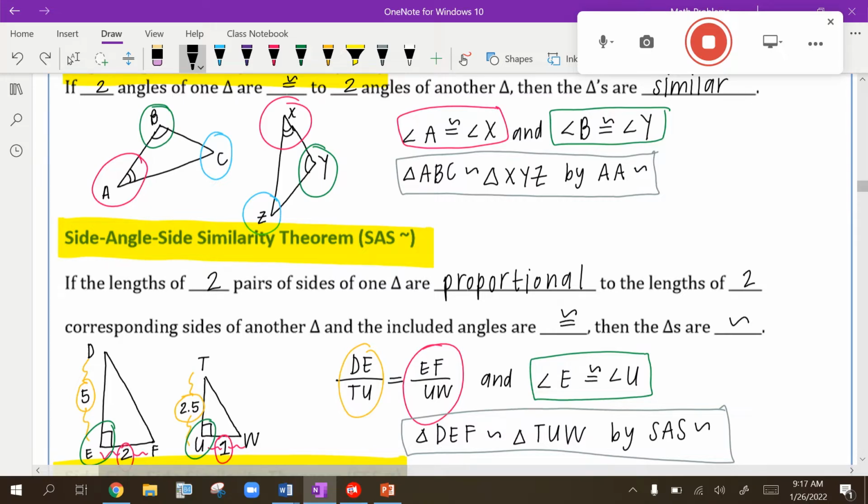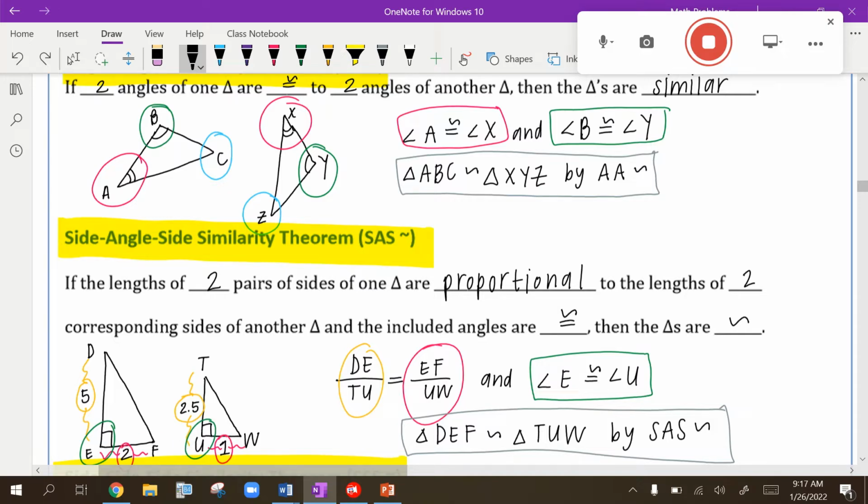So if you look on this one, we see that the corresponding sides DE and TU have the same ratio as the corresponding sides EF and UW. Notice 5/2.5 is the same as 2/1. In addition, the angle between those two sides, the included angle, E and U, are both right angles, making them congruent as well.